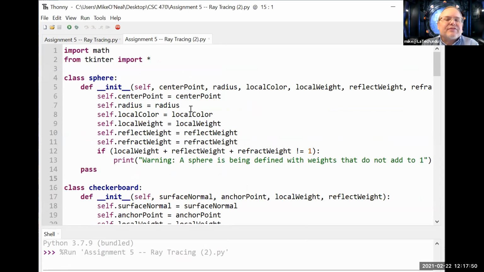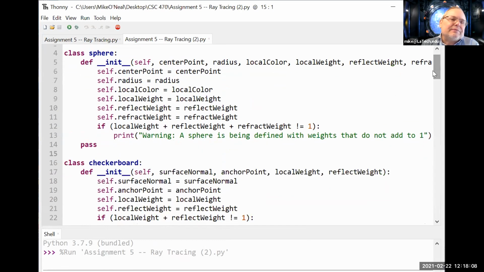And when you create that sphere, you need a center point and a radius, a local color, and then the weight for the local, reflected and refracted. And we set up these variables from what you passed in. I haven't yet created any intersection calculations for that.